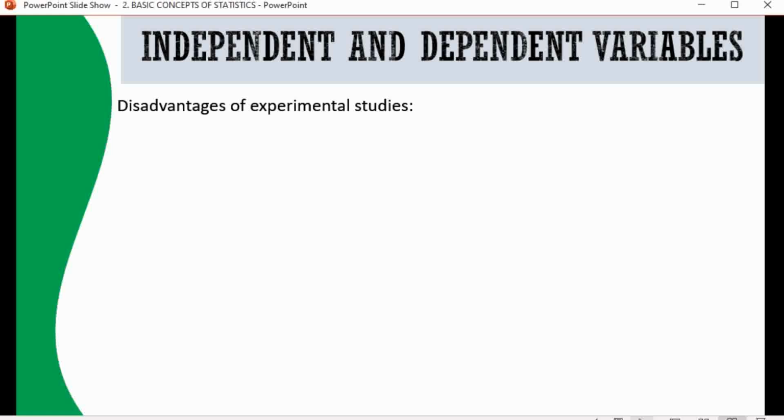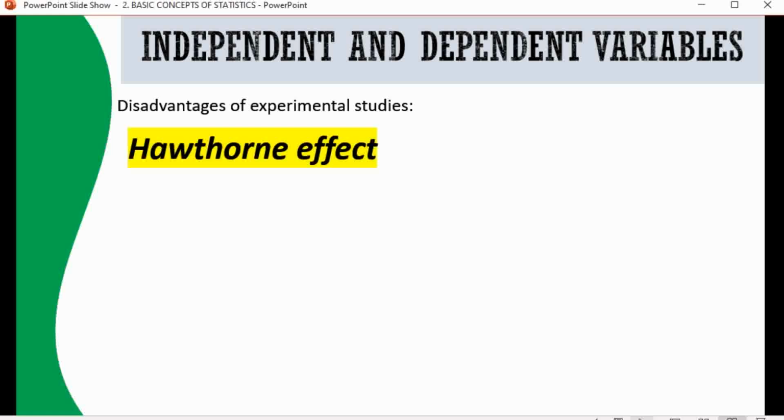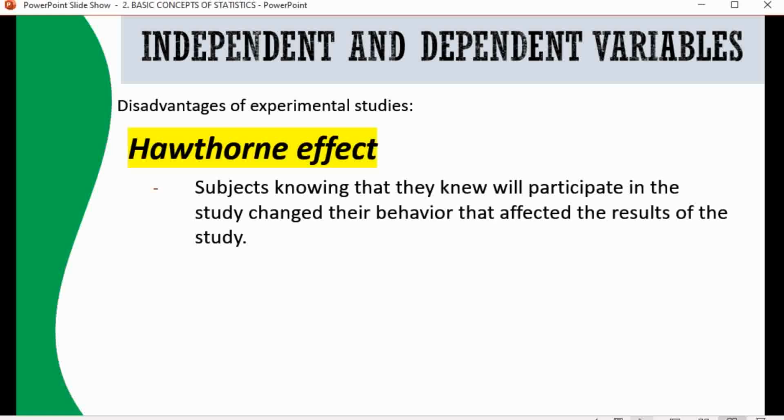So in experimental studies, we often really observe independent variables in action. So when we perform experiments, there are disadvantages. First is the Hawthorne effect. Hawthorne effect is when participants or subjects in the study know that they are being studied.